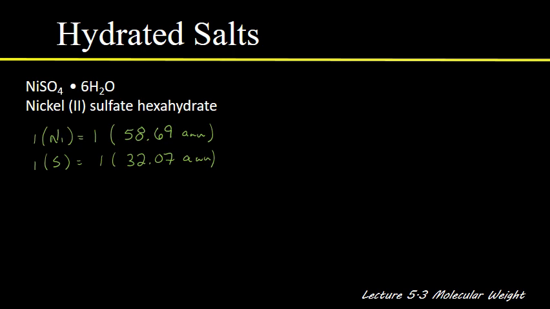And I'm going to look at these two things separately. So I'm going to say just within the nickel sulfate, there are 4 oxygens. And, we look at the water molecule now, there are 12 hydrogens.